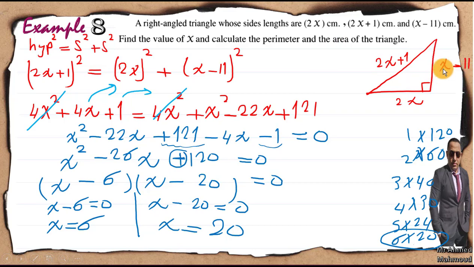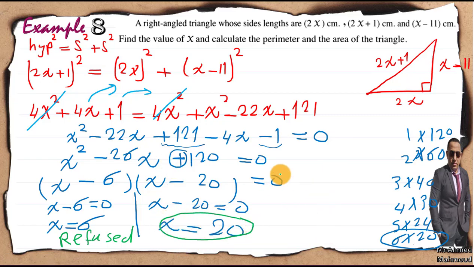If I use 6, this side will be 6 minus 11 equals negative 5, so 6 is refused. So x is 20.